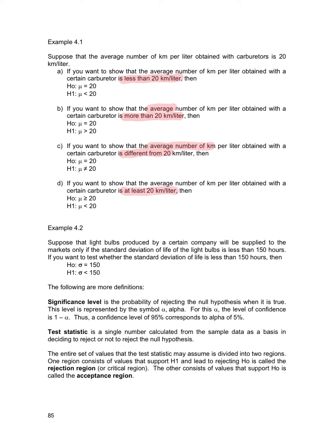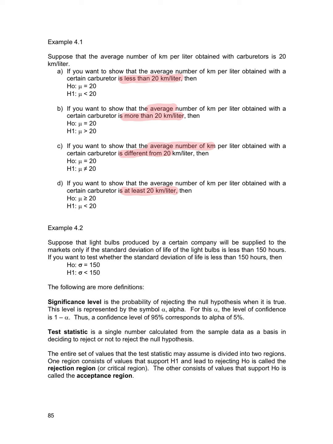So that's why H0 kita mu greater or equal 20 versus mu less than 20. Dia berlawan lah, dia punya sign dia. Yang ni greater or equal, yang ni less than lah. H0 dia, H1 kita kena letak sign less than.